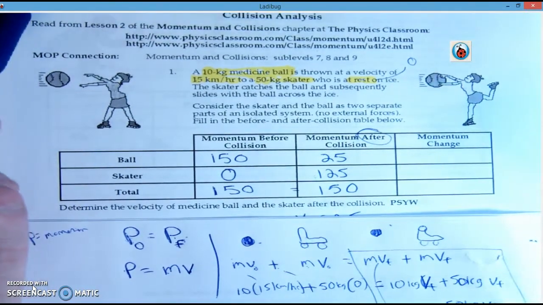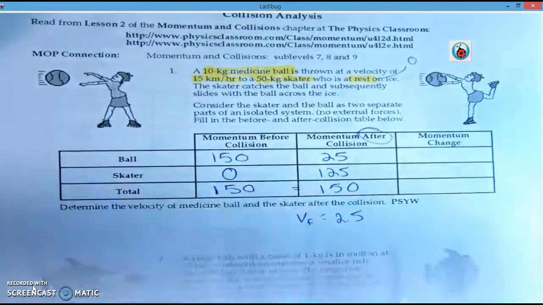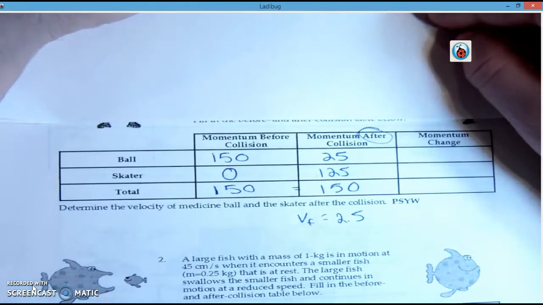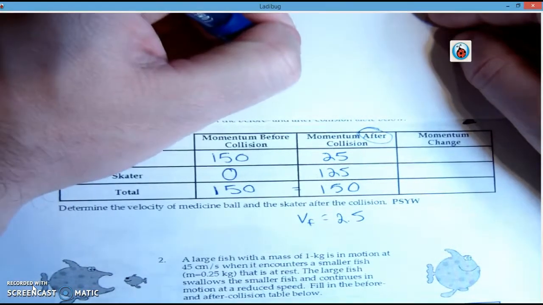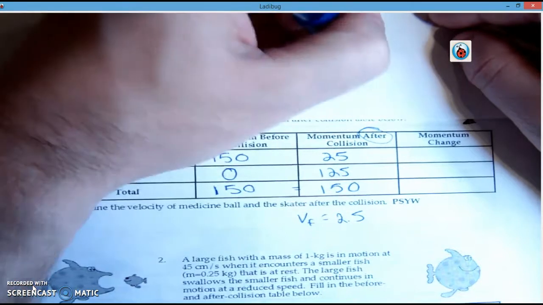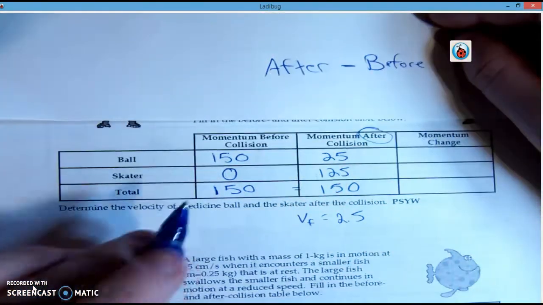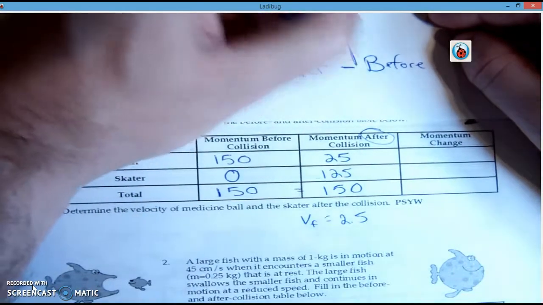So with that being said, you find it out by doing momentum after minus before. That's how we find the momentum change. So momentum after minus momentum before.